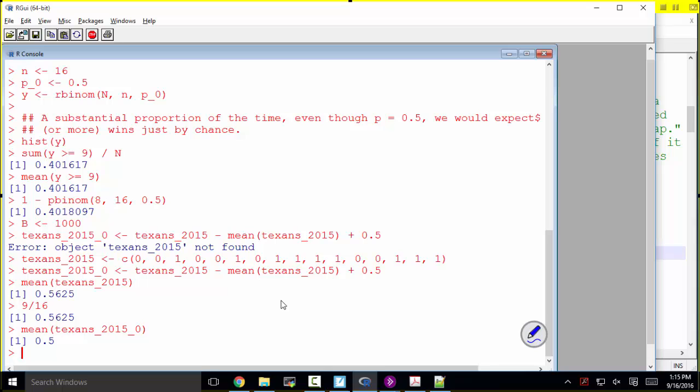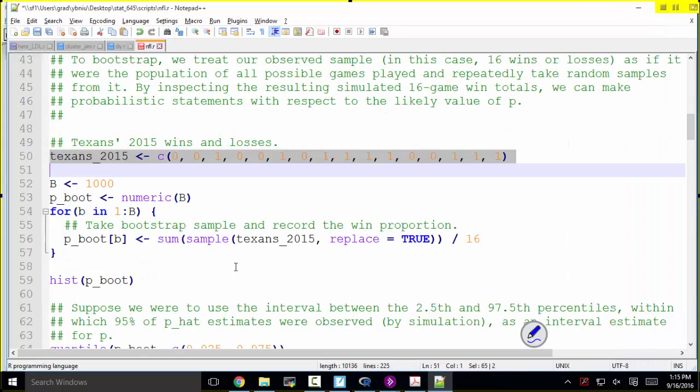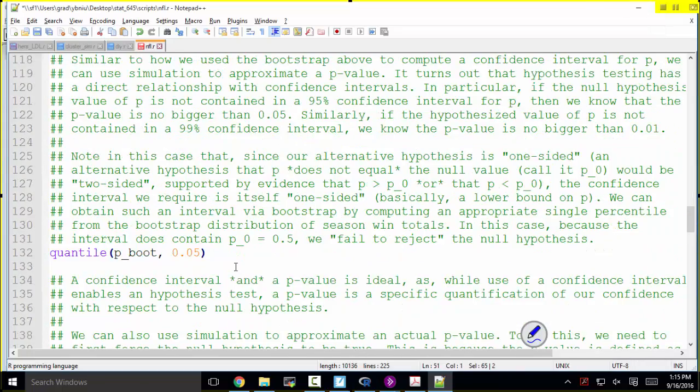The main thing is if you're going to do Bootstrap testing, you have to modify your data to force the null hypothesis to be true, and then you apply the Bootstrap. That's what I've done down here.